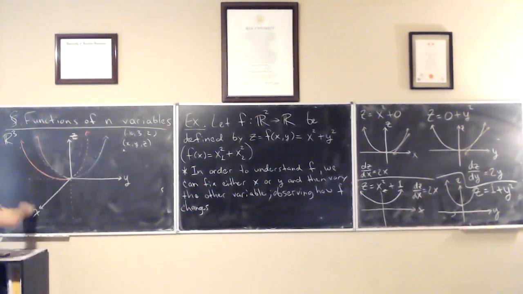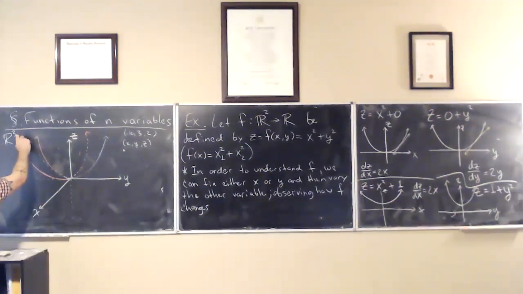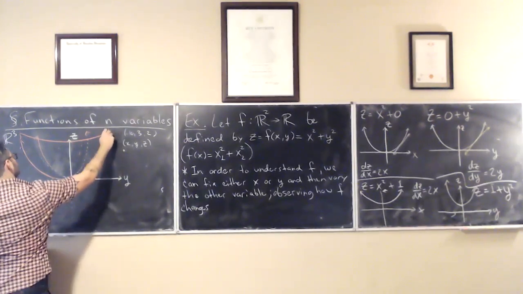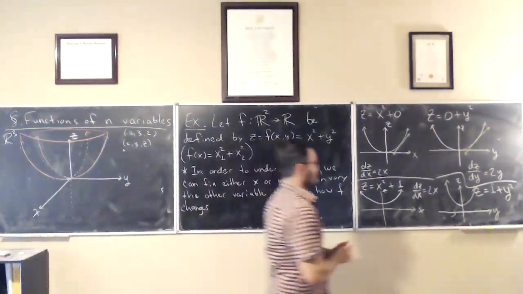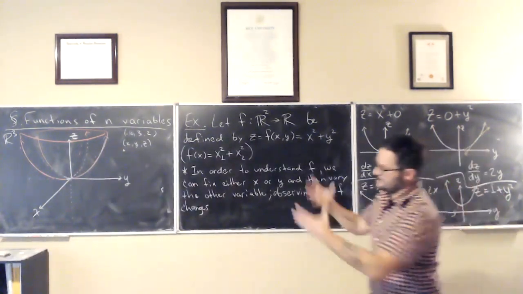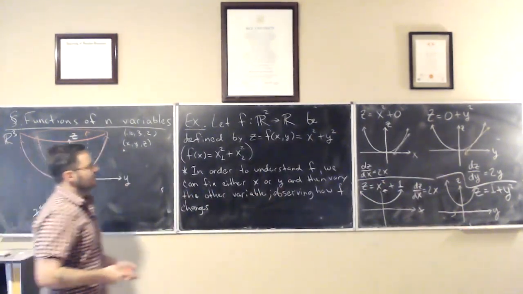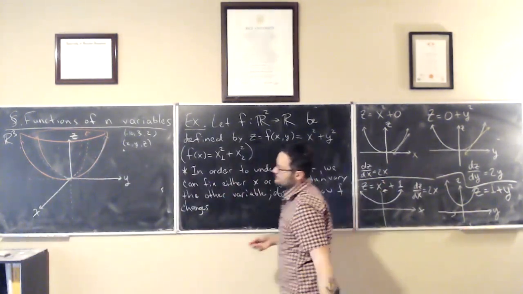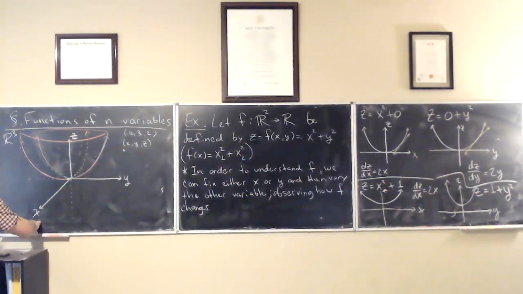Like that. But altogether, when we start combining all of these, we get this like whole thing that is a surface in space. So the graph of functions of two variables is a surface in space. Okay.